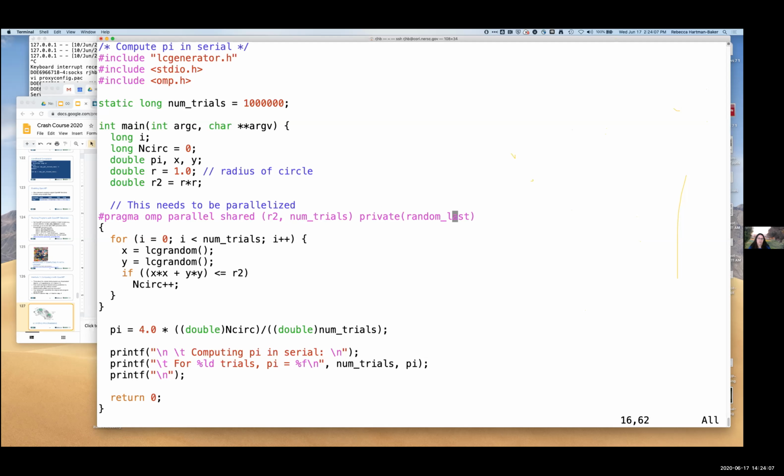What else do we need to have private though? X and Y? Because if you're writing X and I'm writing X, we might get problems.